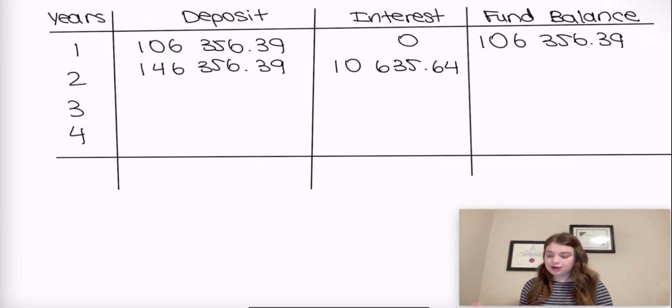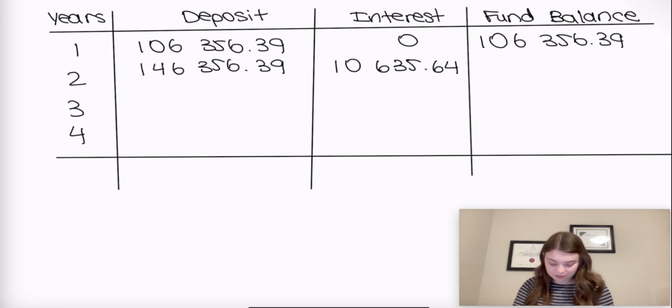So now for our new fund balance, we have 3 things. We still have the money from the previous fund balance, which was the 106,356.39. Now we also have the interest, which is the $10,635.64, plus we have the deposit that we just made of $146,356.39.